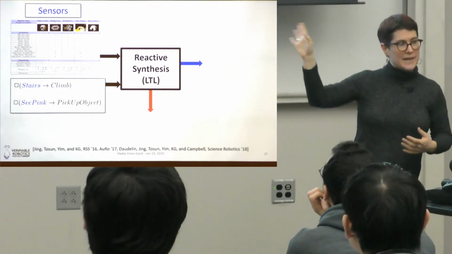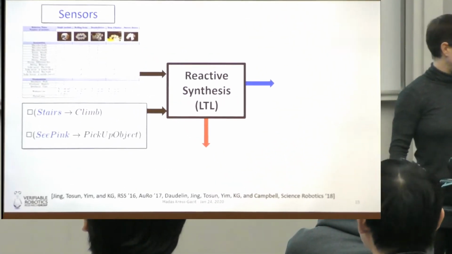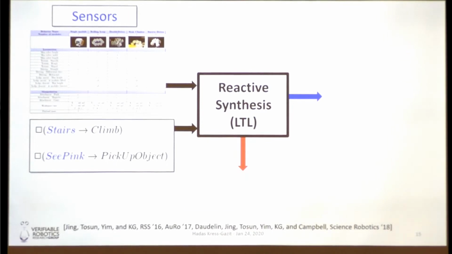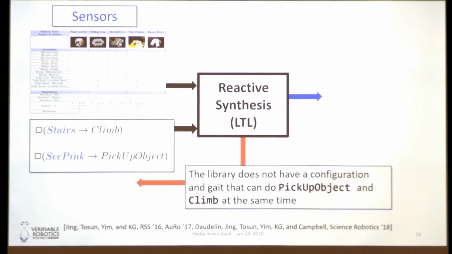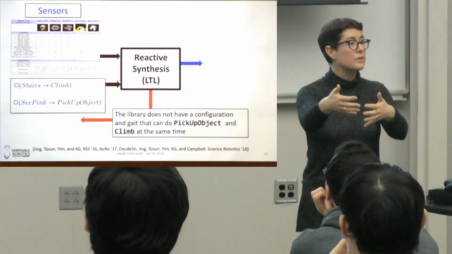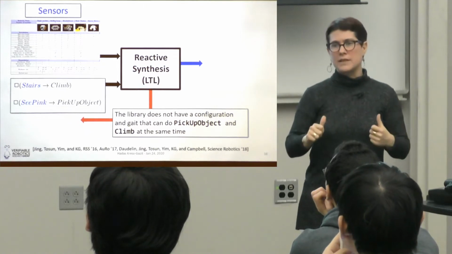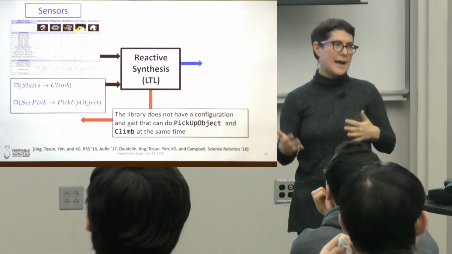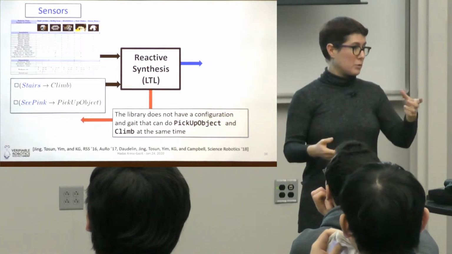In this case, we use reactive synthesis, which I'll talk a little bit about in a bit. The type of feedback we can get is that I synthesize, but based on the specification that I write, it might turn out that I need a configuration and gate that needs to both climb and pick up an object at the same time. If I see stairs and a pink object at the same time, I need a configuration and gate that can do both. A priori, I can figure out that I actually don't have the right configuration and gate for that.